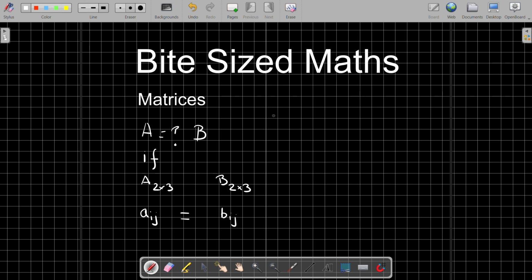So for example, let us take a 2 by 2 matrix, namely, let's say, 5, 8, 4 and 7. So this is a 2 by 2 matrix, and let's take another matrix for an example.